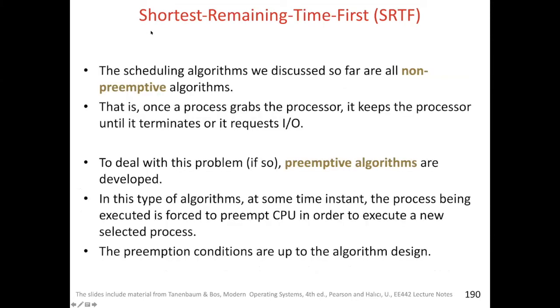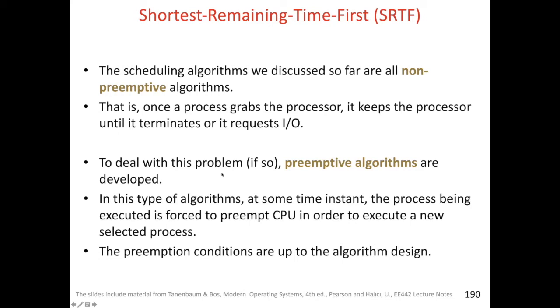Now we are going to consider the processor scheduling algorithm called shortest remaining time first, SRTF. This is the preemptive version of shortest process first. The scheduling algorithms we discussed so far are all non-preemptive algorithms. That is, once a process grabs the processor, it keeps the processor until it terminates or it requires input-output.